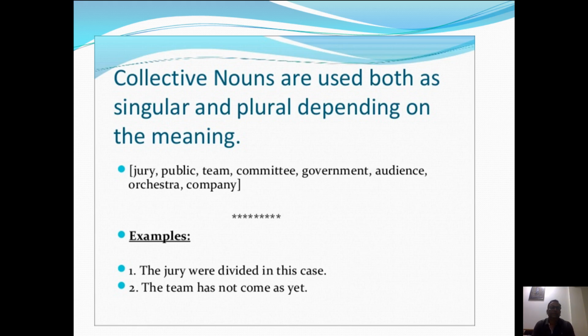These collective nouns are used both as singular and plural depending on the meaning. You should understand this is not just singular or just plural. It depends on the meaning. Let's take the example. The jury were divided in this case. The team has not come as yet.